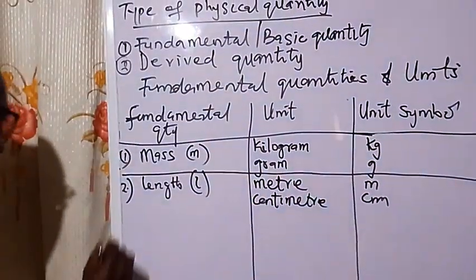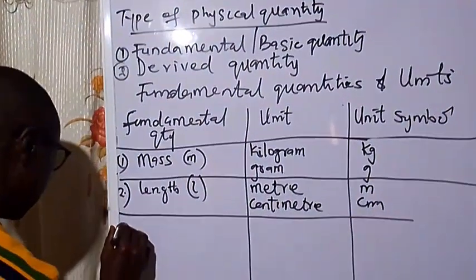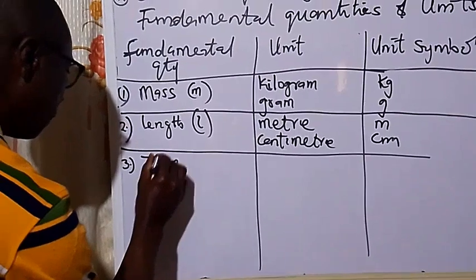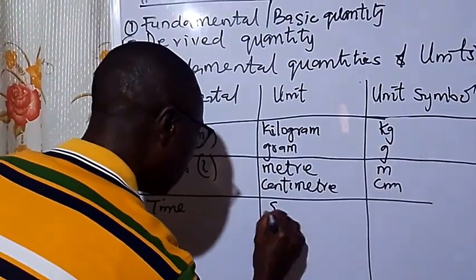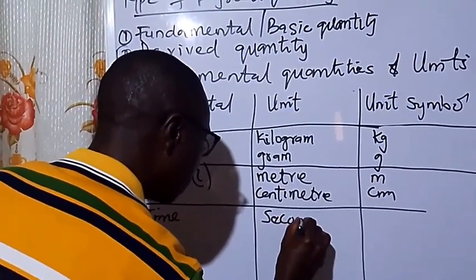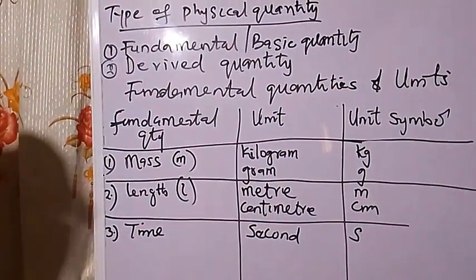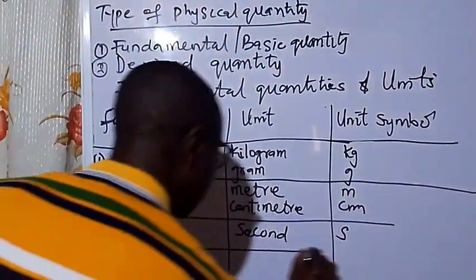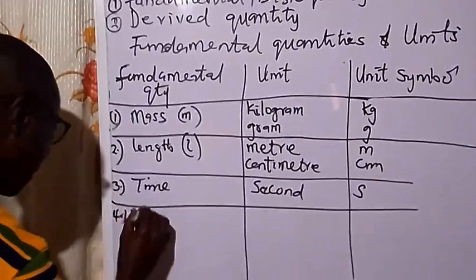Then number 3 on the list is time. The unit for time is second, while this one takes s as the symbol. The number 4 on the list is temperature.